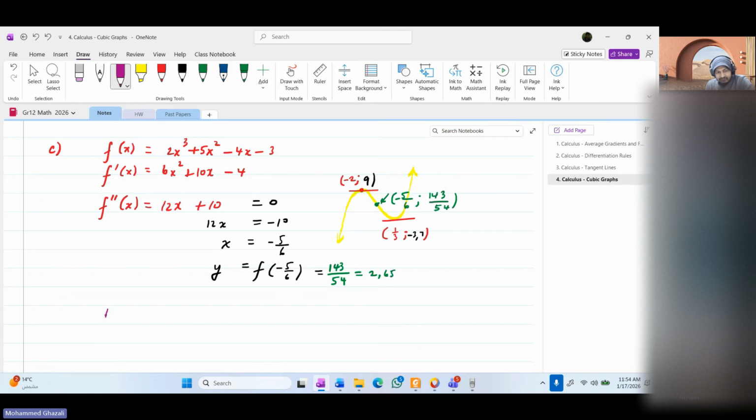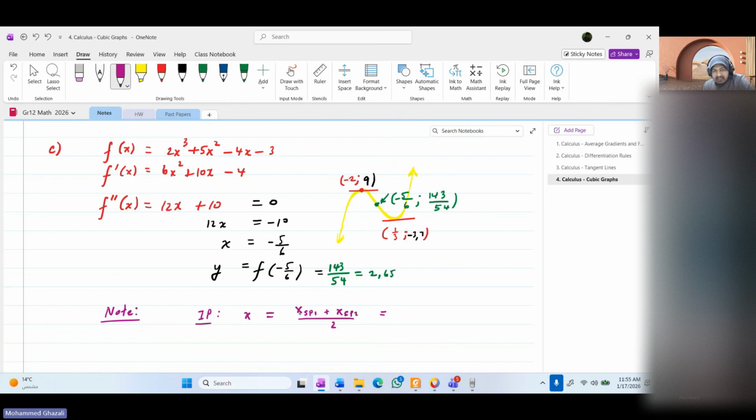But note, there is another way to find the inflection point. You can take the two stationary points. How do we find the inflection point x value? You can take the x of stationary point 1 plus the x of stationary point 2, divided by 2.